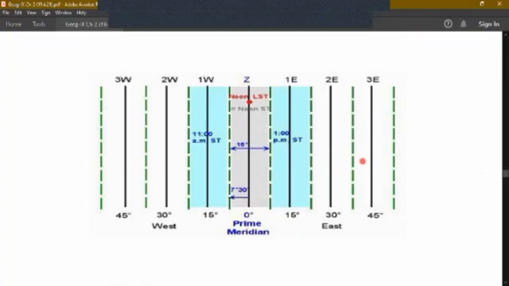The time fixed with reference to Greenwich is called the Greenwich Mean Time or GMT.